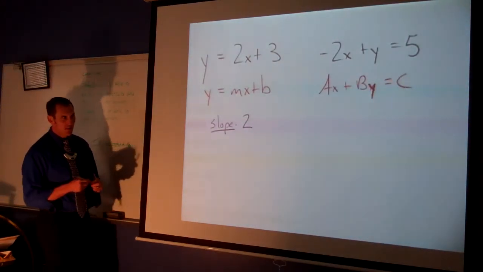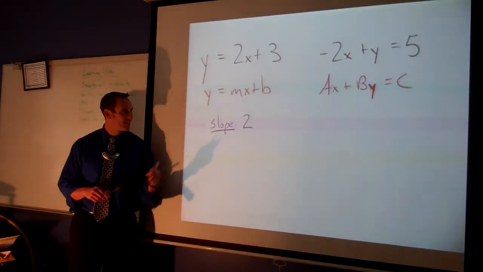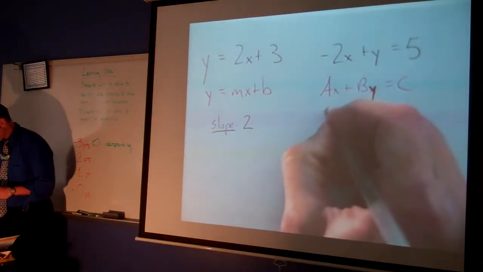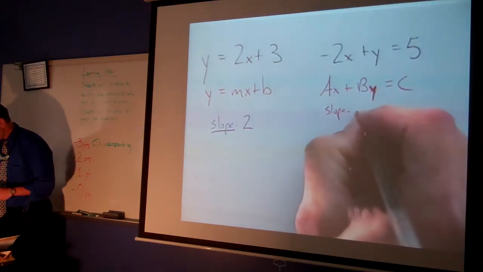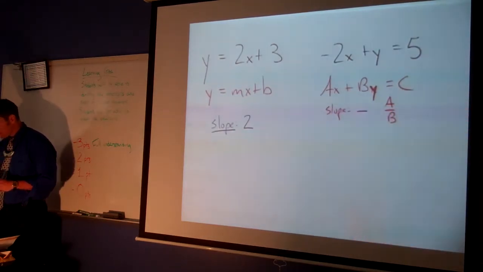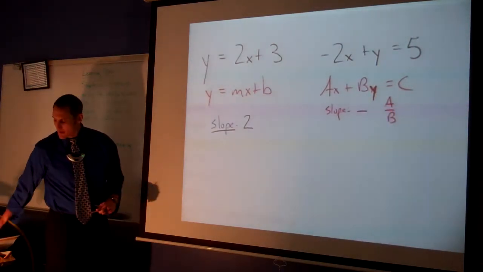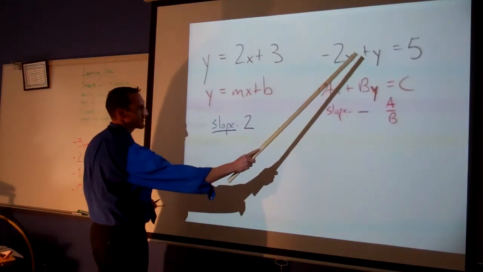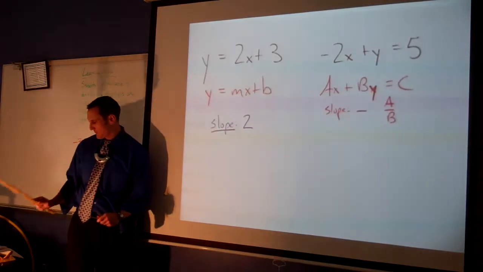To find slope from standard form, the slope is the opposite of a over b. The slope is the opposite of this coefficient over this coefficient.